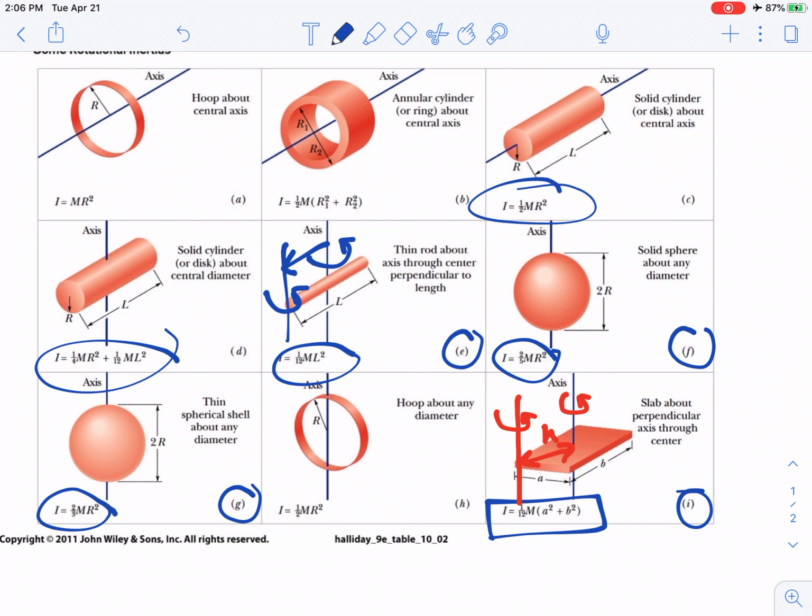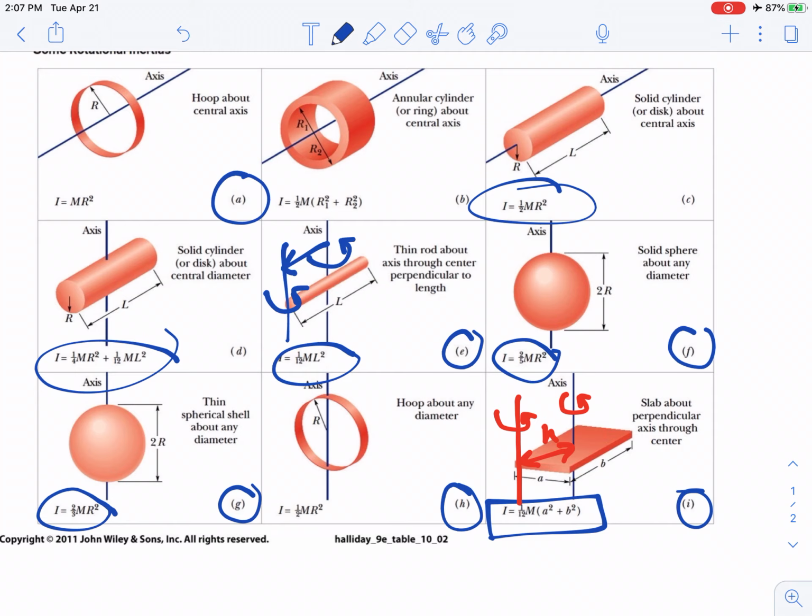Okay, since they have the same mass, the thin shell has more inertia because more mass is concentrated in the outer edge than inside. So it changes the moment of inertia. And this is the hoop. You can compare this H with A, same object, but axes are different. So you can see that there's a change in the inertia, and we already talked about the slab.